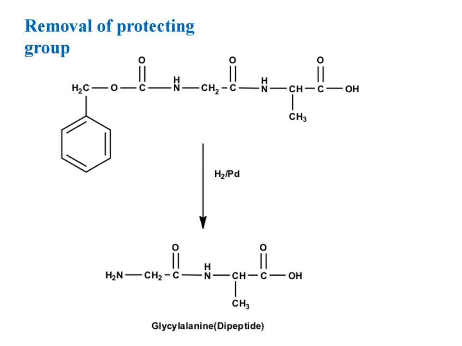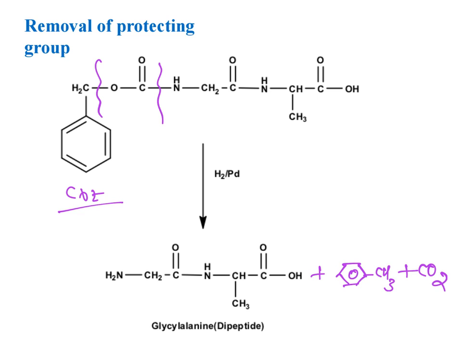We can deprotect the CBZ group by a hydrogenation reaction in the presence of palladium or platinum. This will undergo cleavage here. So along with the dipeptide we get CH3 and CO2, and the dipeptide, which is NH2CH2C double bond O NHCH(CH3)COOH.